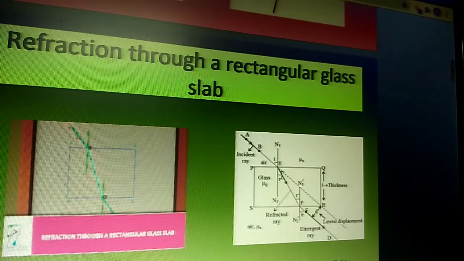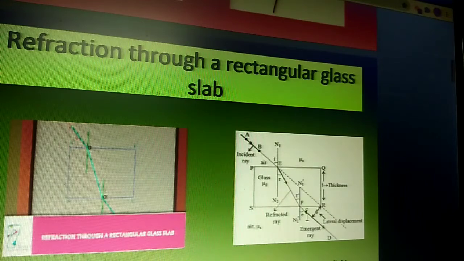So here R and R dash are equal and they are always less than the angle I. Angle R and angle R dash are equal and they are always less than angle I, and angle I is equal to angle E. This is the angle of emergence.